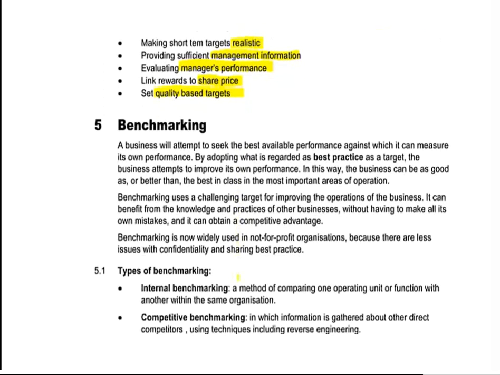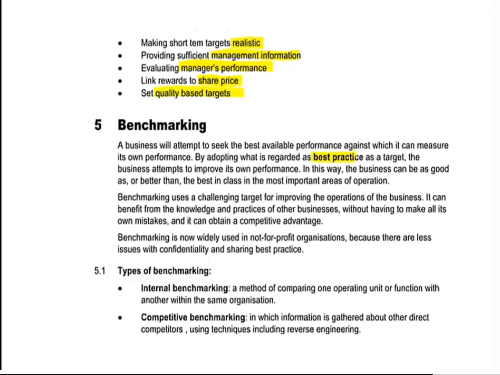Another technique that we can use is benchmarking. With benchmarking, we're going to adopt best practice as the target. So the business will attempt to improve its own performance through basically copying what's already been achieved elsewhere. The benefit of this approach is that you know it's possible if it's been achieved elsewhere.